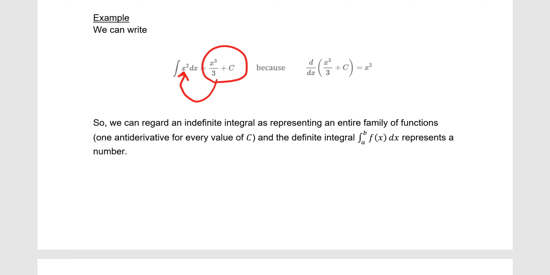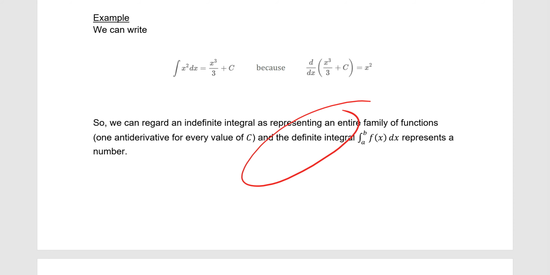We can always check our answer for indefinite integrals by taking the derivative of the answer and making sure we end up with what we started with. And just like I mentioned, an indefinite integral is going to be a family of functions, because the constant plus c can be anything, and the definite integral will give us a number.